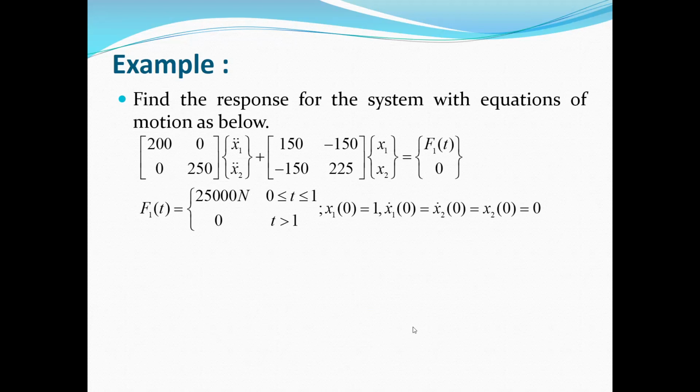Okay. In this example, we want to find the response for the system with equations of motion as below. As you can see, we have two equations, so we have a system with 2 degrees of freedom.